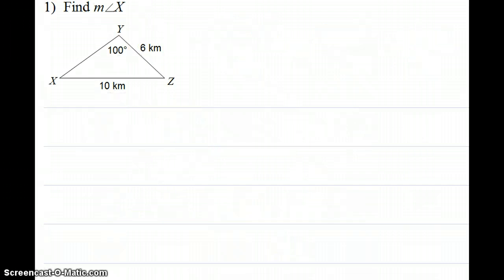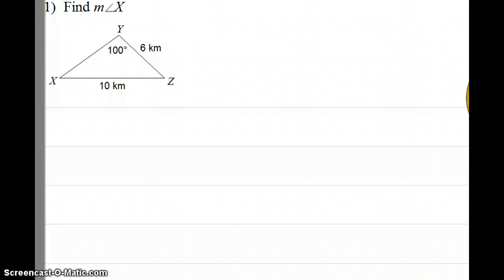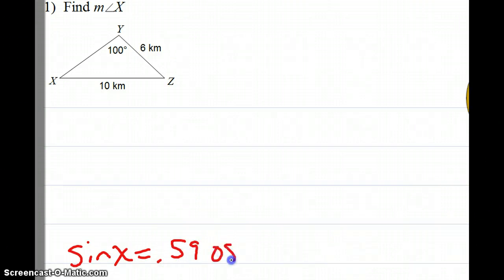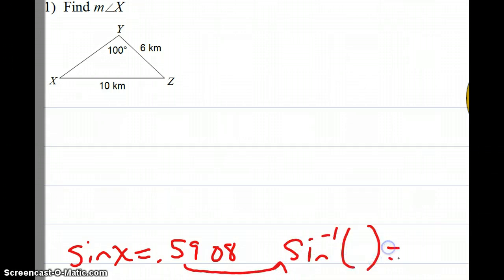So when I punch it in, I'm going to get the sine of X is equal to 0.5908. But remember from a previous lesson, now we have to take the sine inverse of that because I'm finding an angle. So when I take the sine inverse of that, I'll get 36.2 degrees.